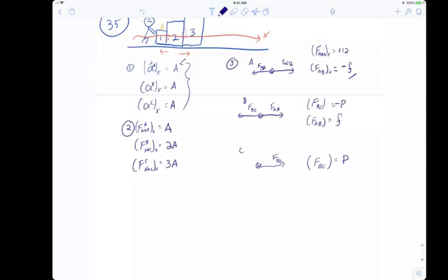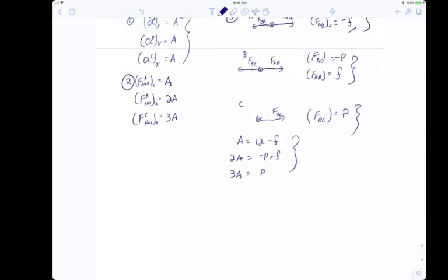And now we're going to put all the information together. This composes the net force on A. This composes the net force on B. That's the net force on C. So A is equal to 12 minus F. 2A is equal to minus P plus F. And 3A is equal to P. And now we just need to solve these algebraically.